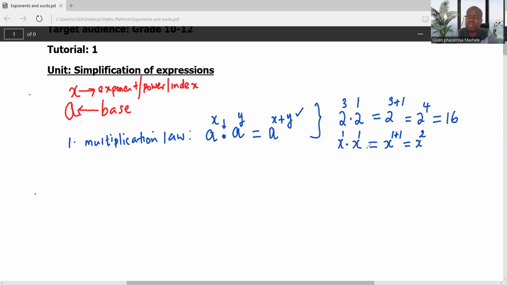Very important. And in most cases, the multiplication can also be written in terms of brackets.